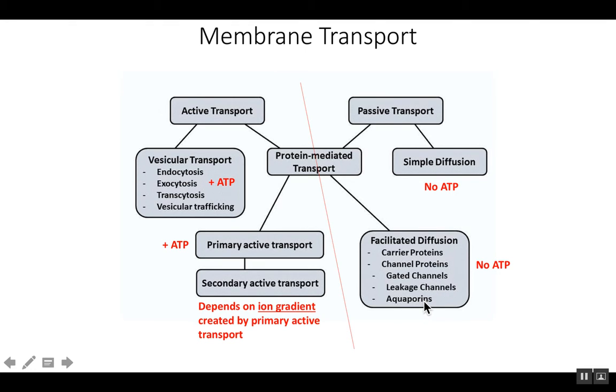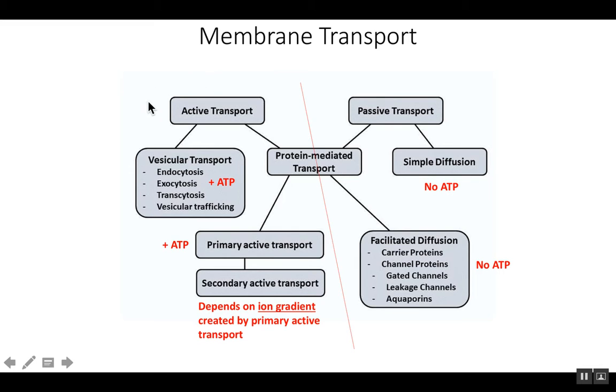We're not going to get into too much detail now, but we will in the future. But what these all have in common is there needs to be some sort of a protein in the membrane that helps move that molecule from an area of high concentration to an area of low concentration.